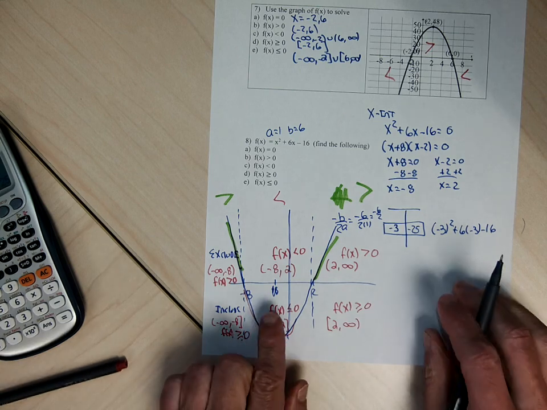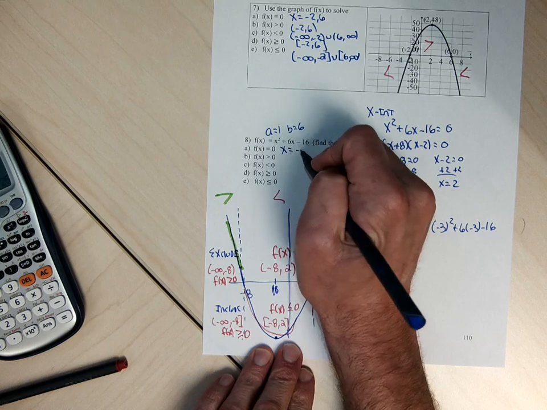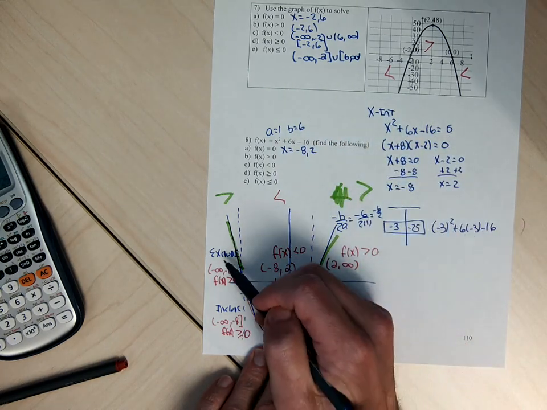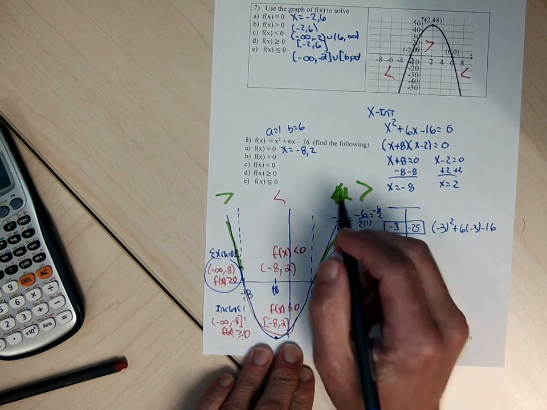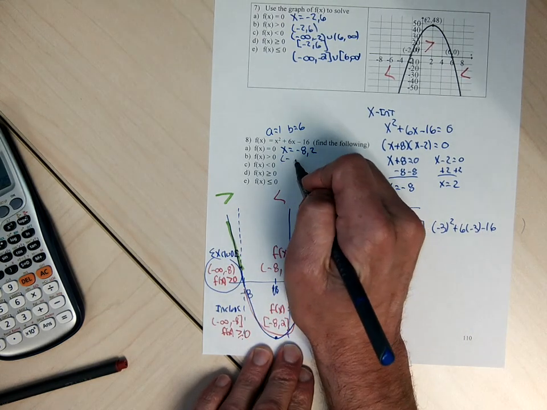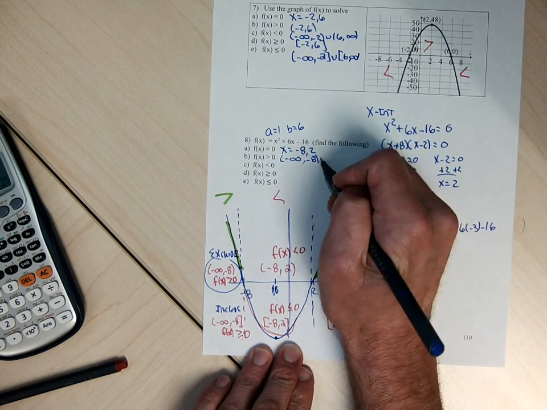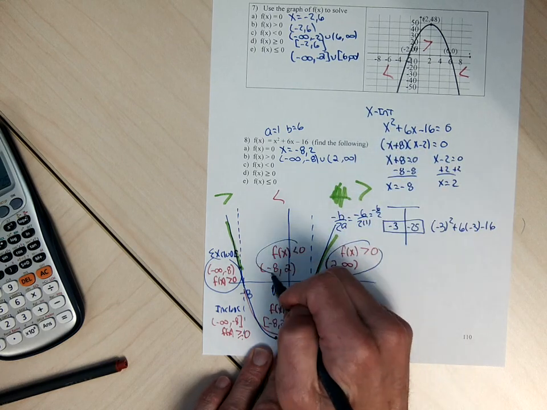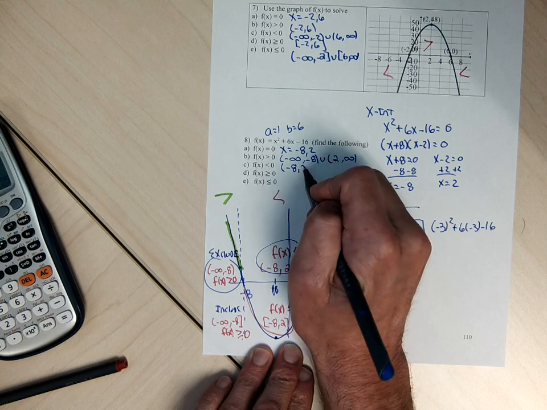Part A just wants the x coordinates of the x-intercepts, which are x equal to -8 and +2. Part B wants these rounded up ones that are greater than zeros. So the -infinity to -8 union 2 to infinity. Part C wants the rounded up one where the less than 0, so -8 to 2.